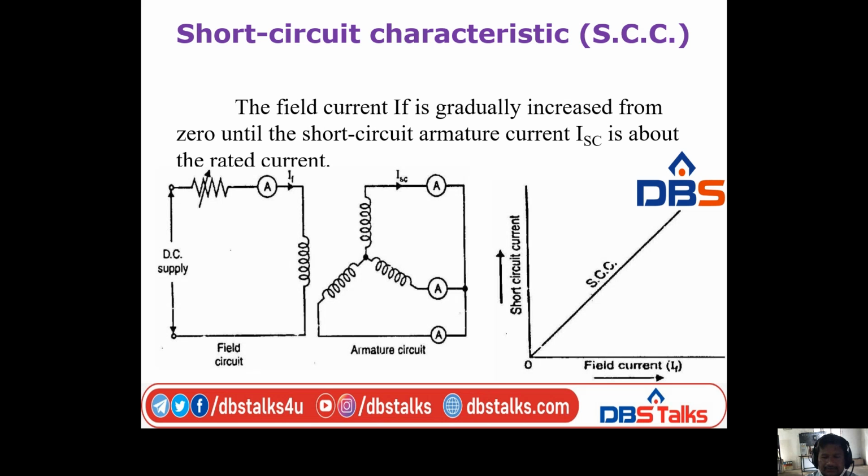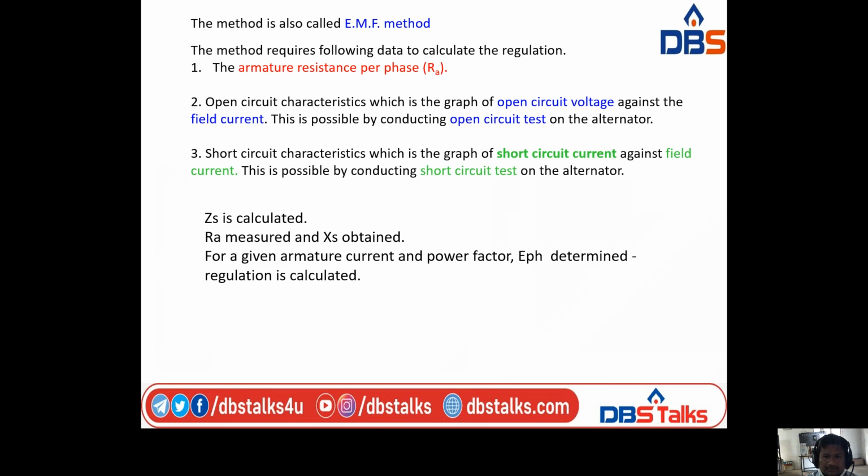This is a straight line passing through the origin. Short circuit current versus field current. Now generally, to determine the synchronous impedance, first of all determine the armature resistance and then the excitation. Therefore the combination of those two is nothing but synchronous impedance.